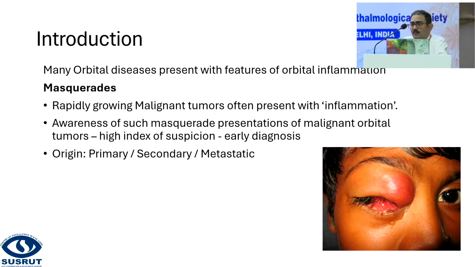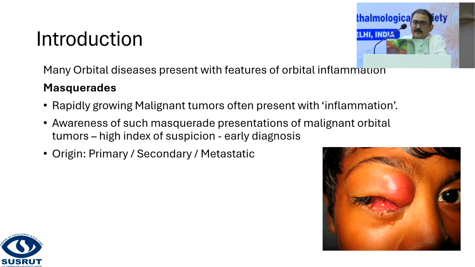So where do tumors come into the picture? Now, tumors, if they're rapidly growing, or if tumors have internal necrosis, these are situations which produce the inflammation that can often mislead us. And which is why we need to be aware of which are the situations where we would want to do an incisional biopsy and treat accordingly.